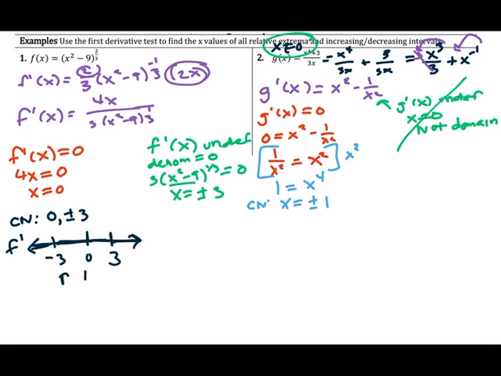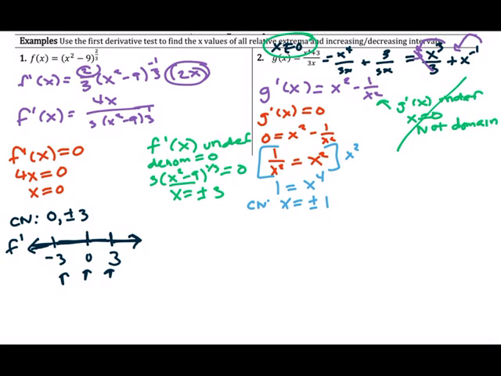Because I know that at these 3 values, the derivative is 0 or undefined, which means those are the only 3 places that it could change in its behavior. And notice I said could change. It may not be changing, but it could change its behavior at those 3 values.